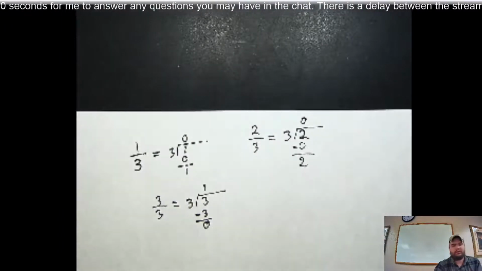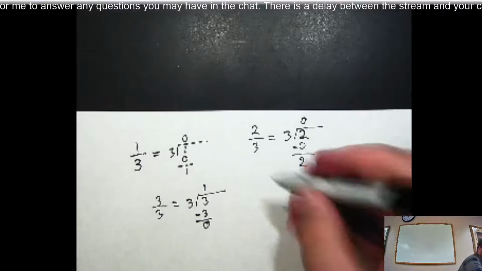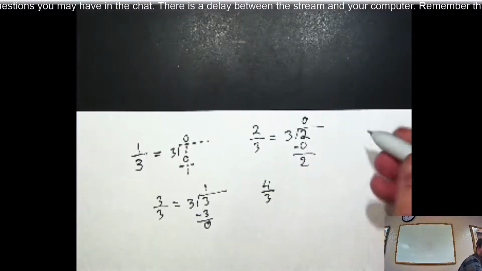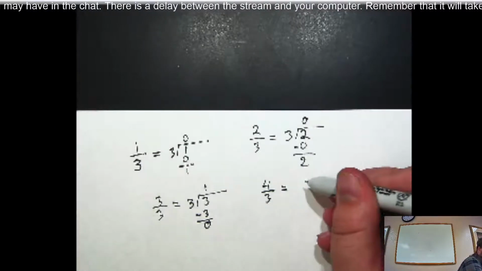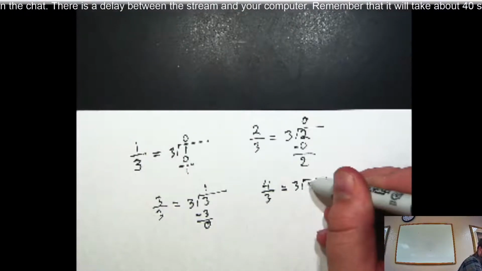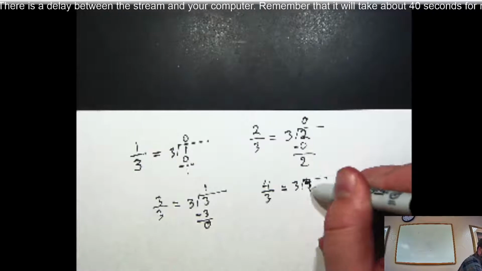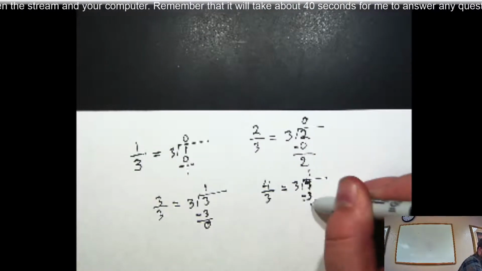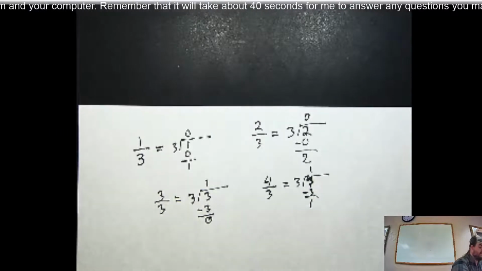Nothing left over. Let's keep going. Let's try 4. 4 over 3. So, again, that'll go in once, and we get remainder 1.